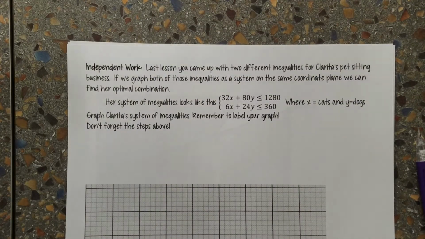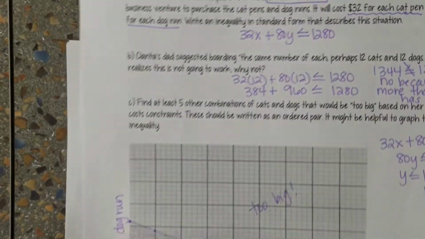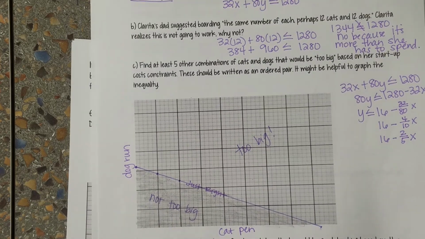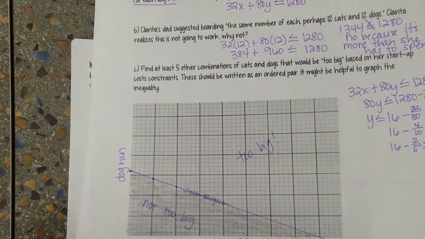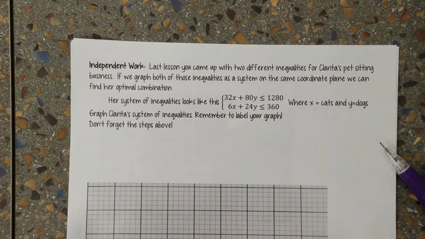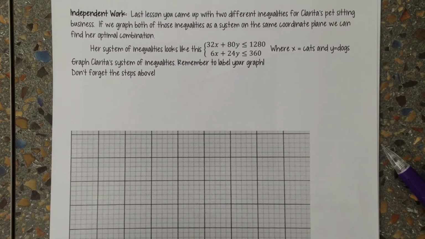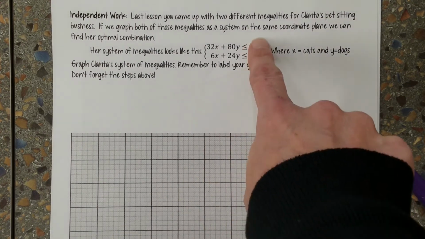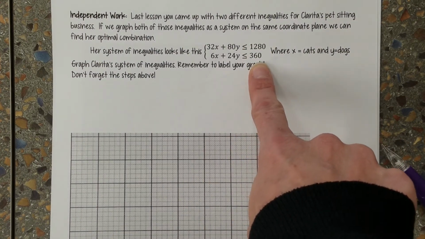But if you remember when it talked about her money, she could actually have 16 dogs, but her space won't allow her to have 16 dogs. So there's got to be an area, some solutions that fit both of these together, and that's what you're going to determine. You're going to determine which combinations fit both her money and her space constraints, okay?